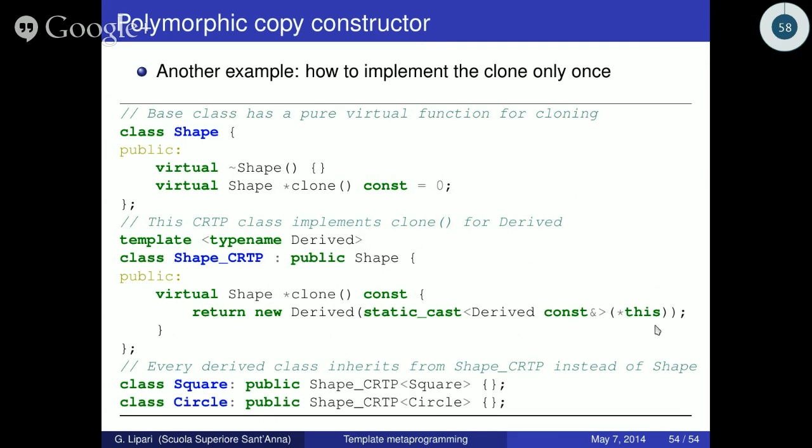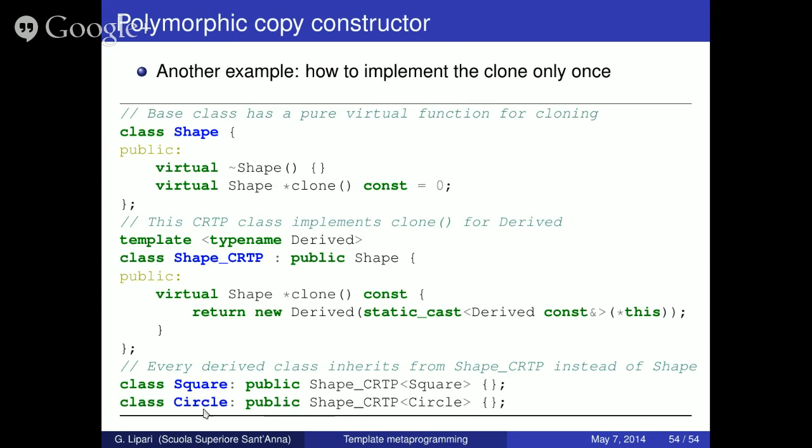And of course, you have to static cast this to Derived, otherwise it doesn't work. No? So basically, this is going to invoke the internal copy constructor, which you have to write for the derived classes, and the clone will just new the copy constructor and return the new pointer.